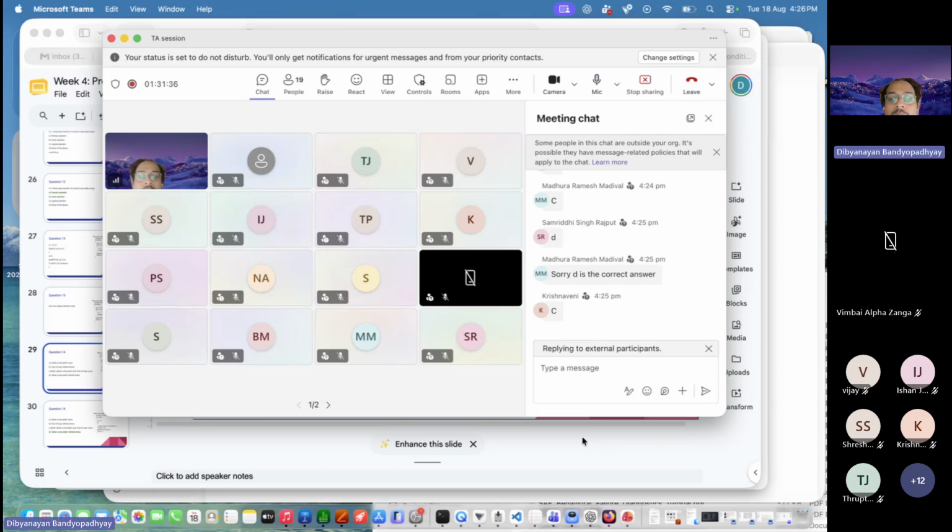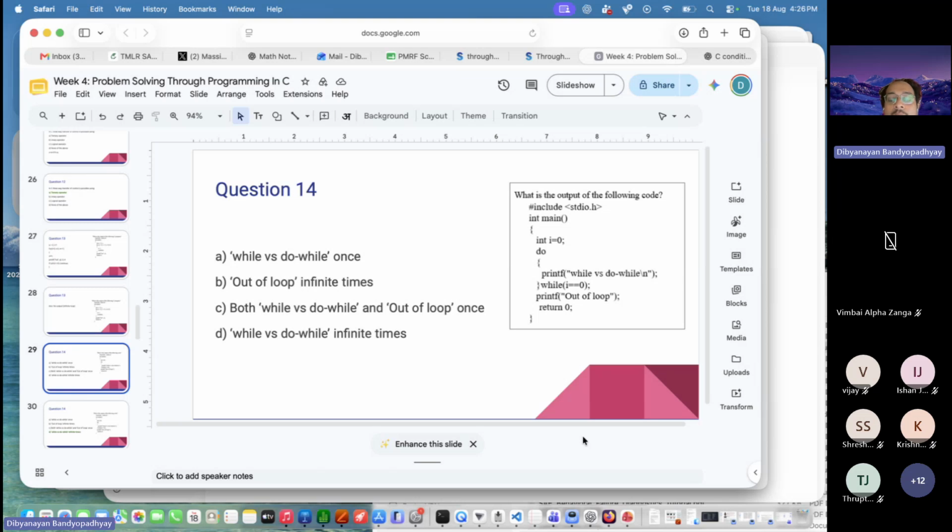Not C actually, it will be D. So that is why I asked why it is not getting out of the while loop.